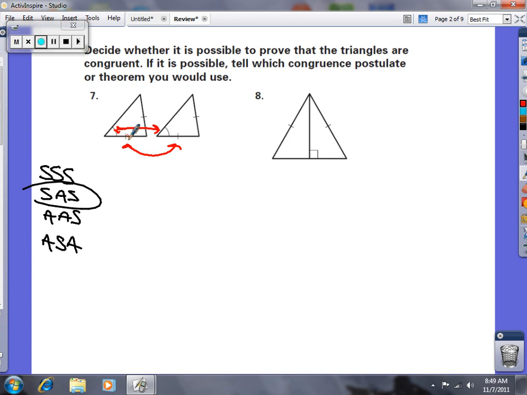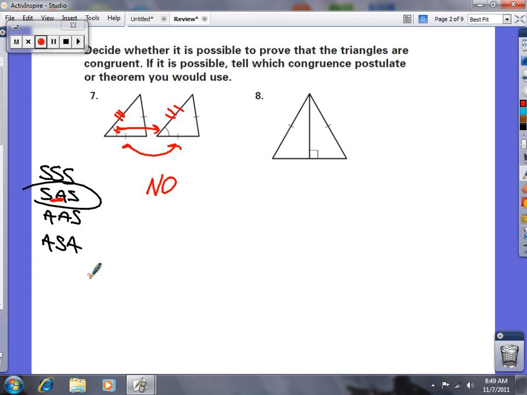So your side has got to be this side right here, because the angle is sandwiched between. Does that make sense? Your angle has got to be between the 2 sides. And this one's not. You've got an angle, a side, and a side. So 7 is no. There's not enough information. You can't make any of these work.